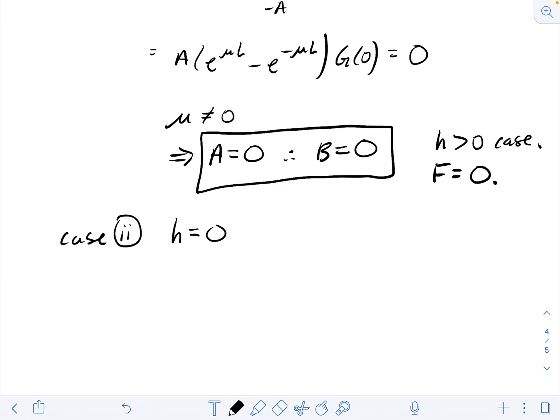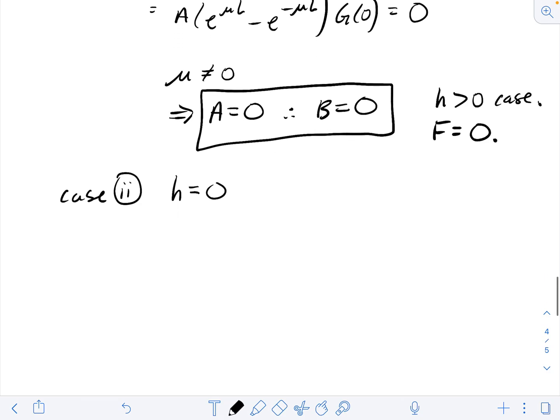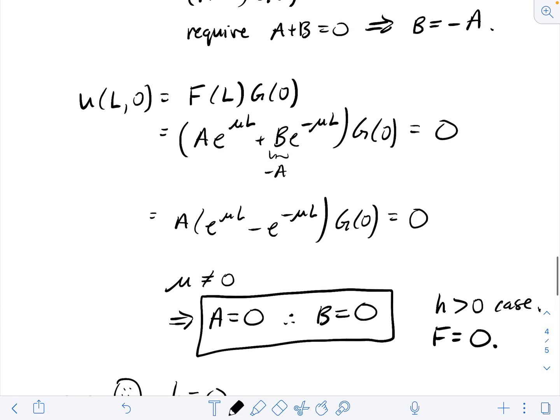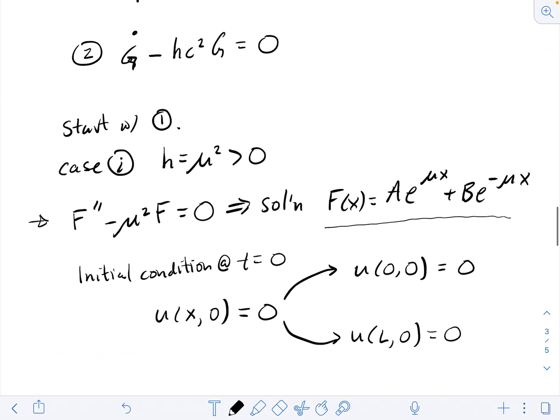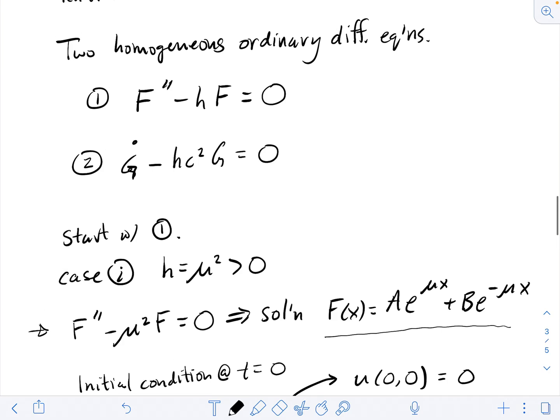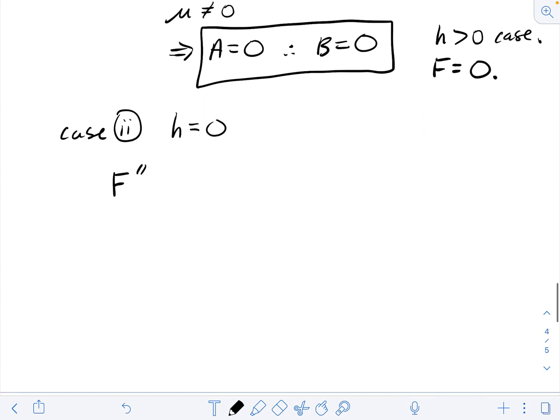The next case we'll look at is h is equal to 0. So remember, our first differential equation is f double prime minus h times f is equal to 0. But if h is 0, then what we're trying to solve is f double prime is equal to 0.